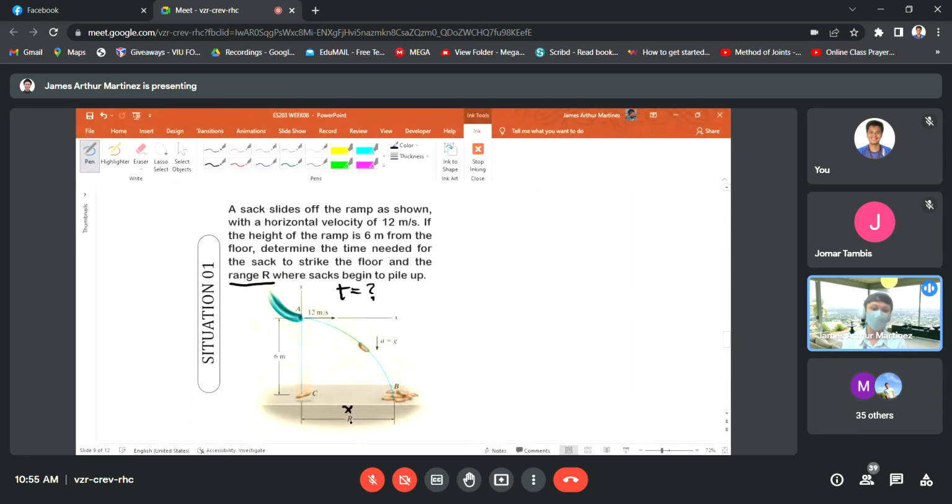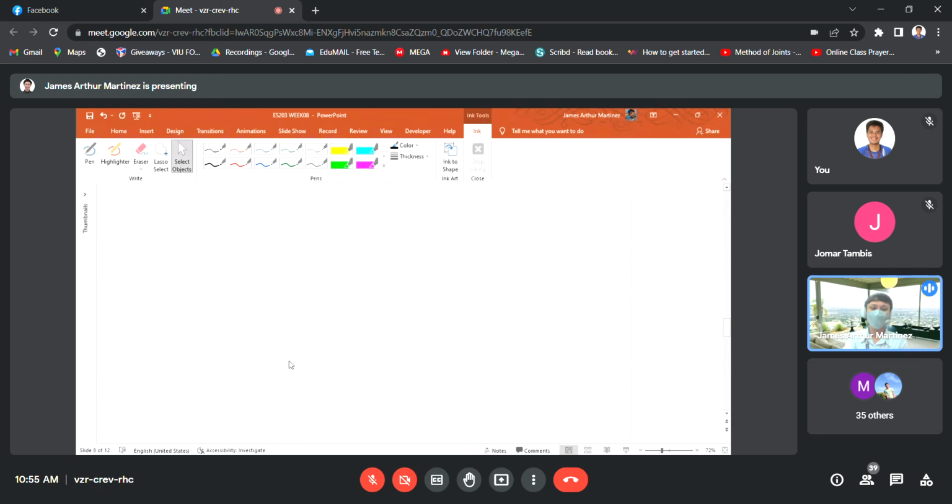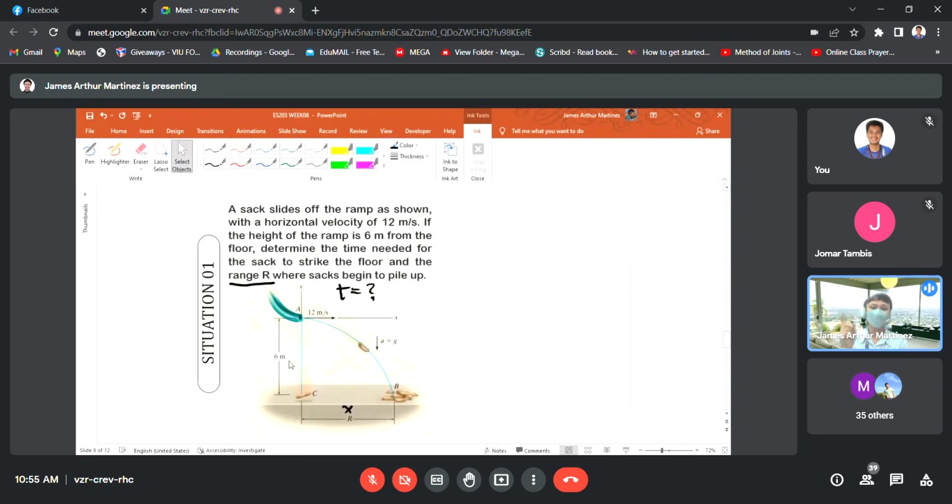And y, in our equation, is the vertical distance of your projectile motion, from initial position to final position. In this problem, point A is our initial position and point B is our final position. The vertical distance is 6 meters, therefore 6 meters is our y in the equation. So y is given.